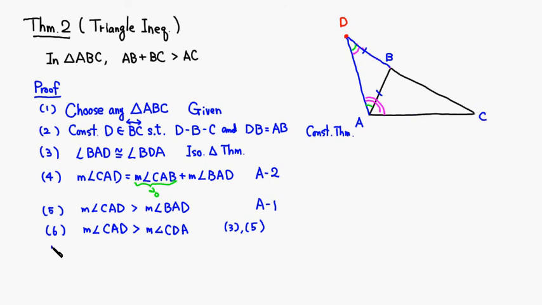So step 7, by the scaling inequality, we know that DC is larger than AC, or actually DC, which can be written as DB plus BC because of the betweenness condition, is going to be longer than AC.